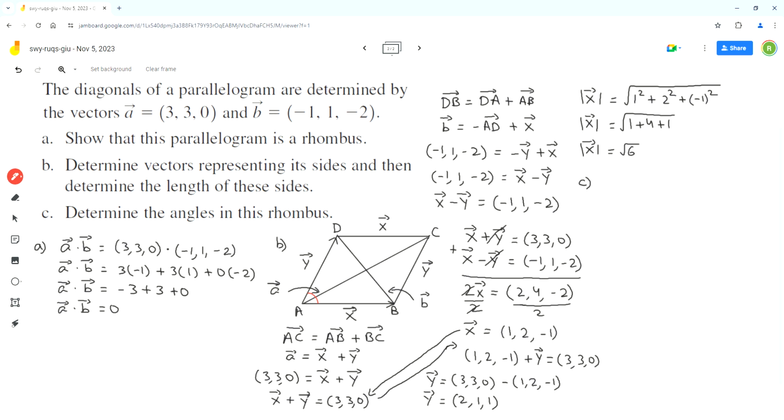So we can use the dot product equation to find angle A. And our equation will be, so we can use the vectors x and y we found in part B. Now magnitude of vector x is equal to square root 6, and magnitude of vector y is also square root 6 because all sides have the same length.